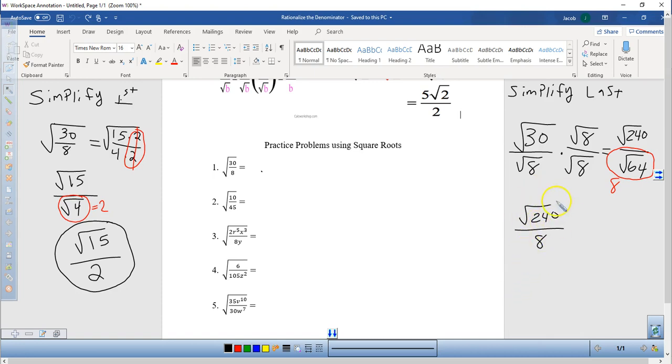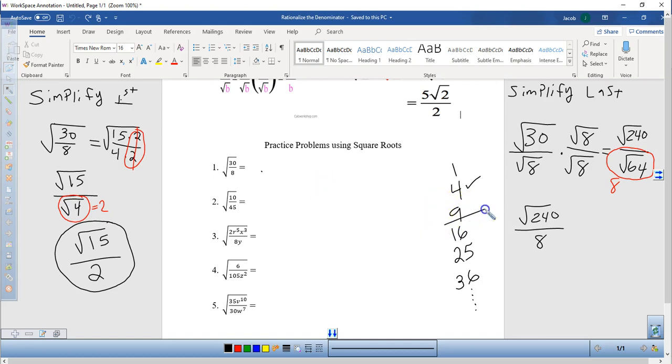Now I've got to break this down. We must simplify as far as possible. What number is going to go into 240? Well, remembering my perfect square list, I have 1, 4, 9, 16, 25, 36, and so on. I know 4 works. 4 would make this become 60. 9, if I do 240 divided by 9, I come up with 26.6.